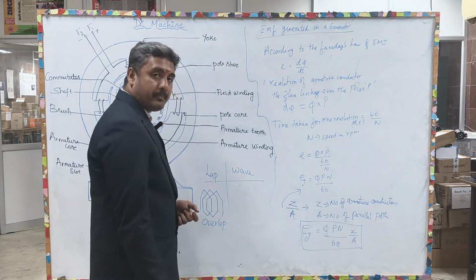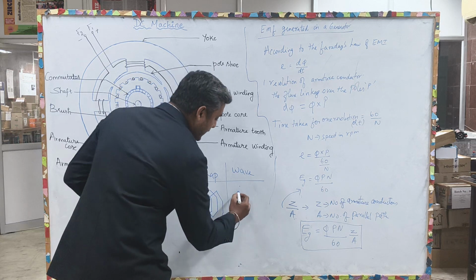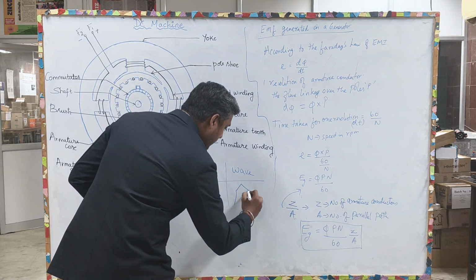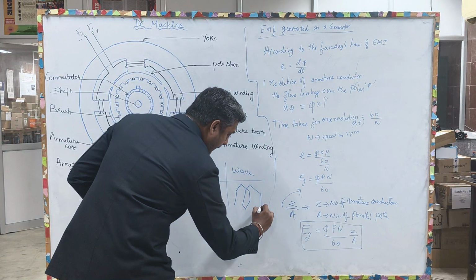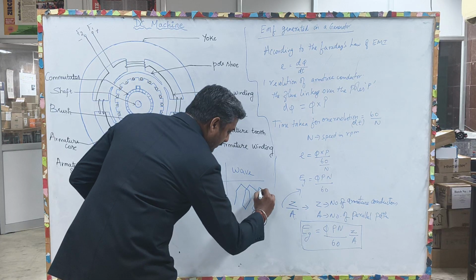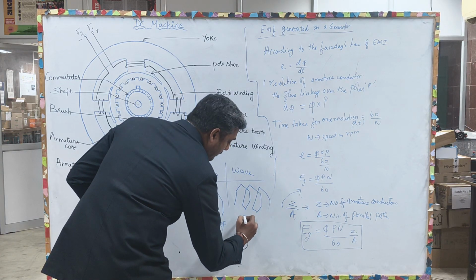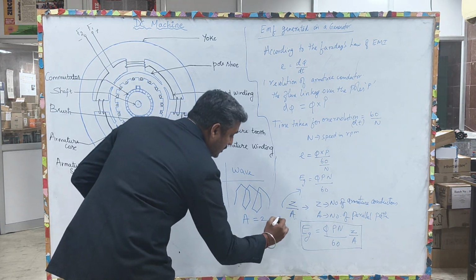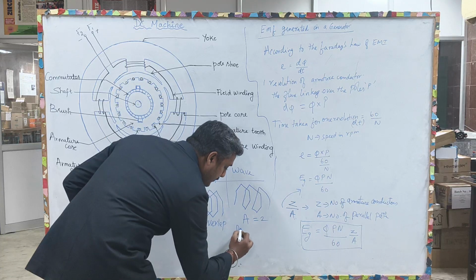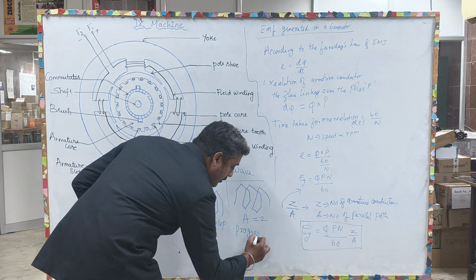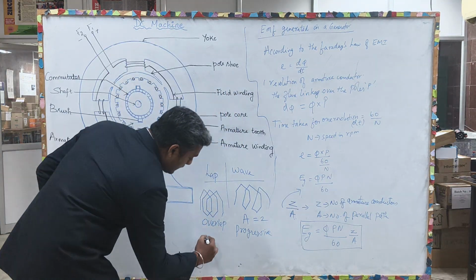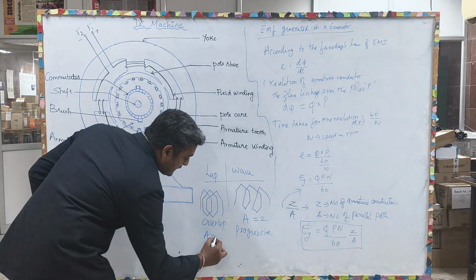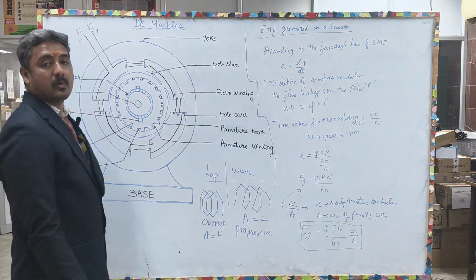If you take it as wave winding, then the number of parallel paths will be equal to 2, that is progressive winding. But in lap winding, the overlap happens where A, the number of parallel paths, is equal to the number of poles.